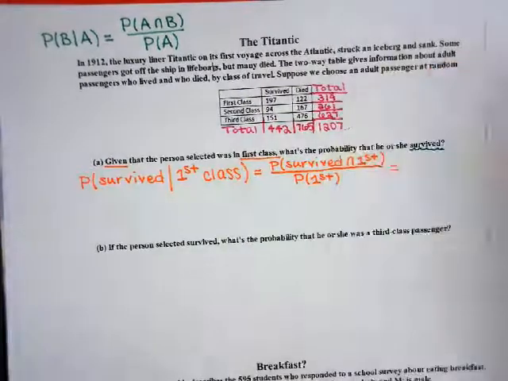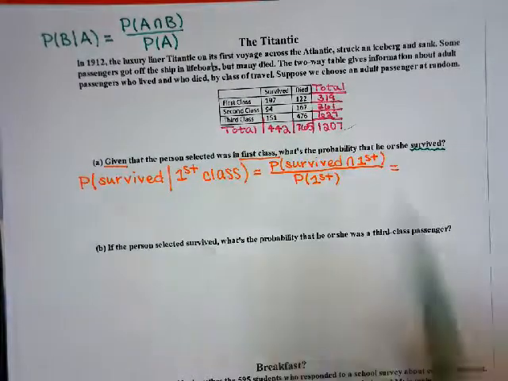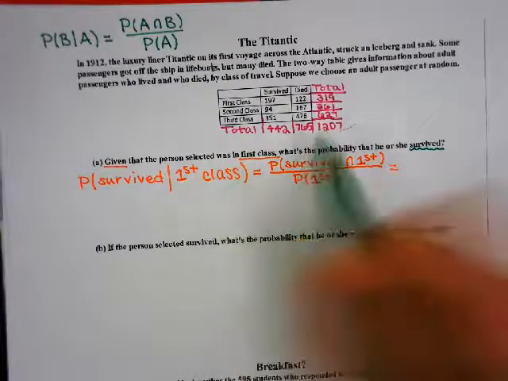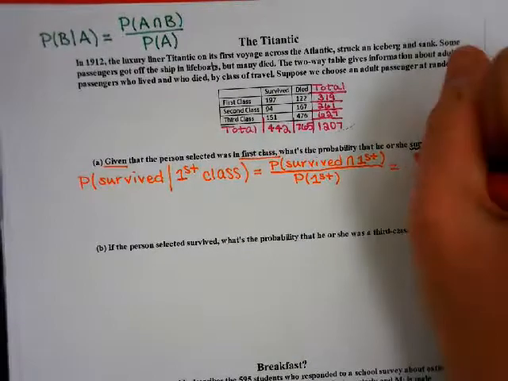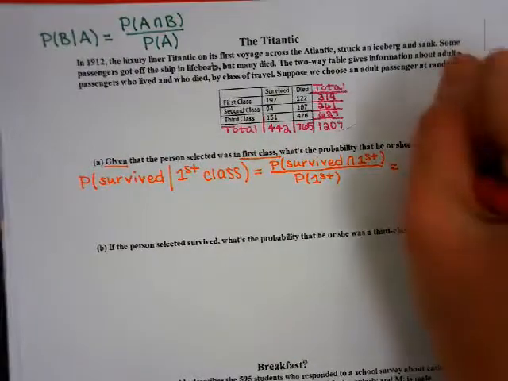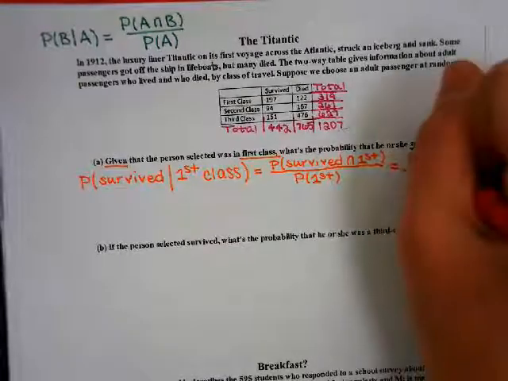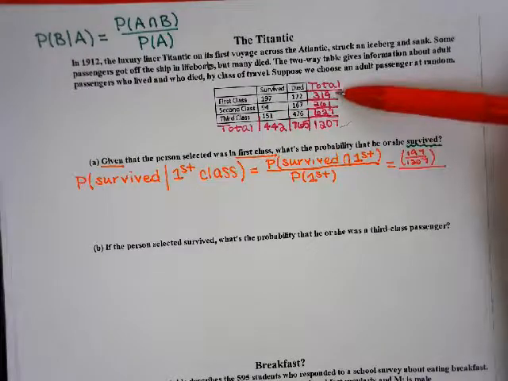So survived and in first class is 197 out of 1207. The probability they're in first class is 319 out of 1207.